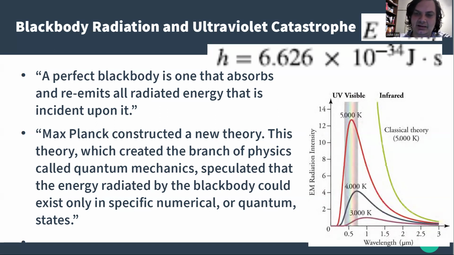But it has this quality where it starts out with no electromagnetic radiation emitted, and then it goes up, and then it goes down. So if you follow the 5000 Kelvin curve, the 4000 Kelvin curve, or the 3000 Kelvin curve, that's all true.